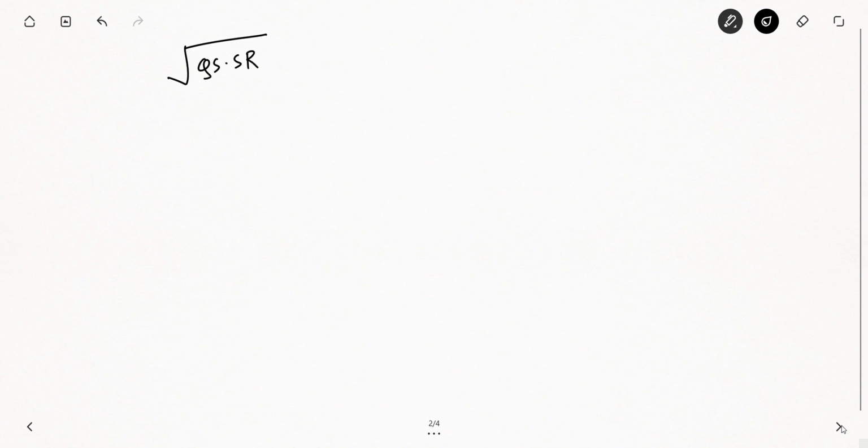So QS plus SR by 2 is greater than or equal to root under QS into SR.